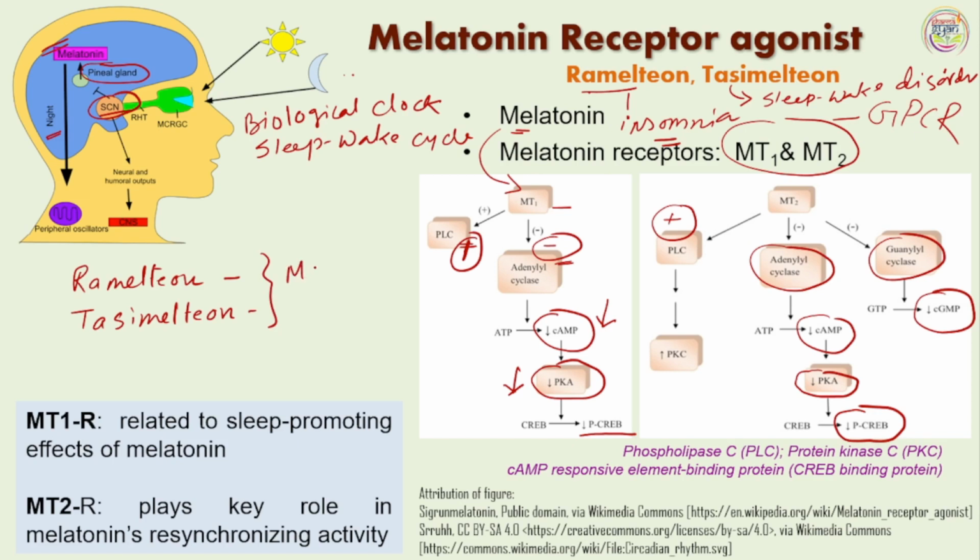Both are MT1 and MT2 receptor agonists. So they act as agonists at the MT1 and MT2 receptors, thereby used for the treatment of sleep wake disorder or for insomnia.